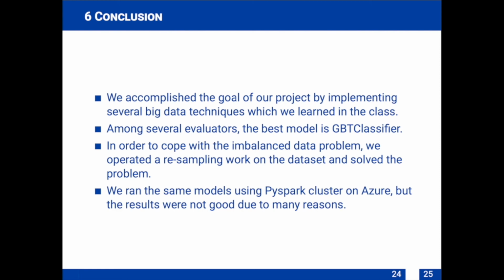After assembling several prediction models with PySpark, we acquired the first result, which showed that the GBT classifier had the best performance. Nevertheless, we noticed that the label 0 class occupied the majority in the dataset. In order to cope with the imbalanced data problem, we performed resampling on the dataset and solved the problem. After the resampling, we were able to achieve a meaningful result.